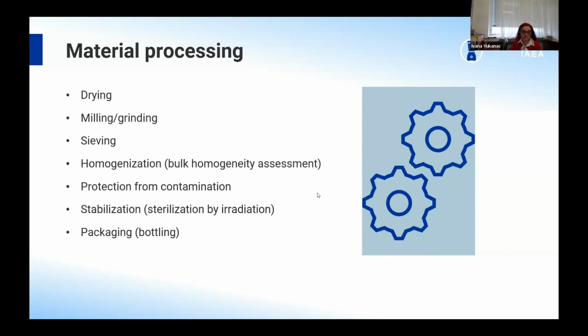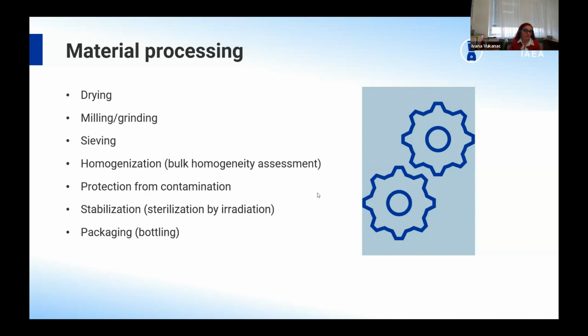This means to roughly estimate the radionuclide content of the material, levels of radioactivity, and so on. But also this is the time when a decision needs to be made whether the material is going to be spiked or not. If we find that it is a suitable candidate, then we process the material.